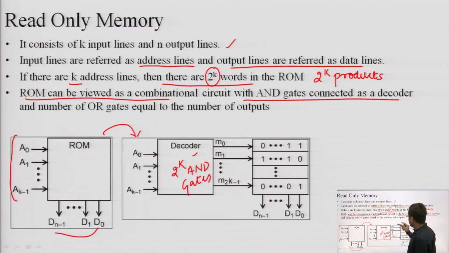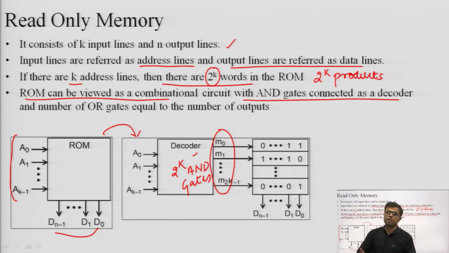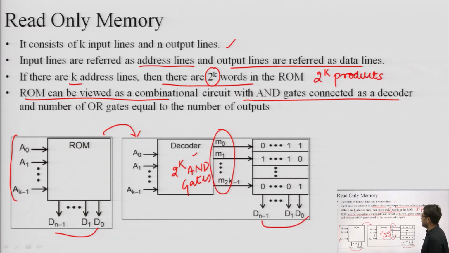So it will be generating products. These will be the minterms. Out of those minterms, which minterms are to be added depends on my number of outputs. So if there are n outputs, there will be n OR gates in this structure.